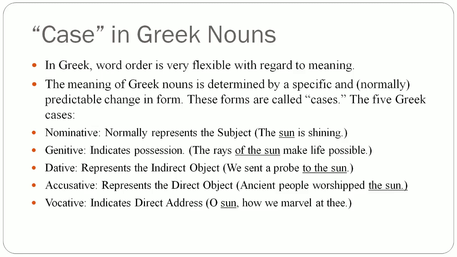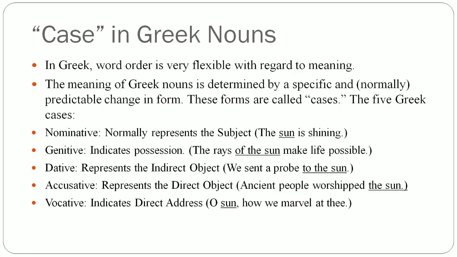What is the form of this, and how do you know what role it's playing in a sentence? I've put here that in Greek, word order is very flexible with regard to meaning. It's totally different than English. English has no real change in form, but word order means everything to determine subject, verb, object. In Greek, there are a whole bunch of different forms, but word order doesn't mean a whole lot.